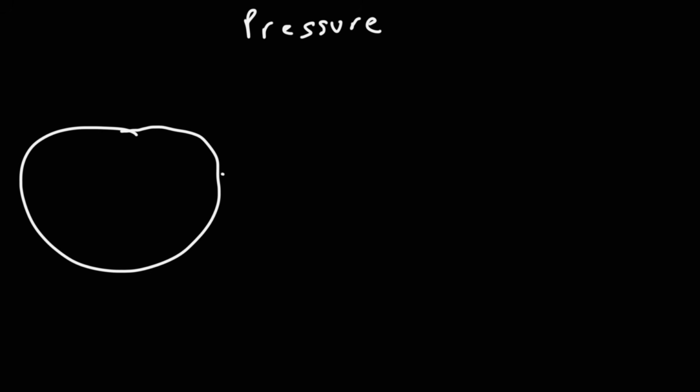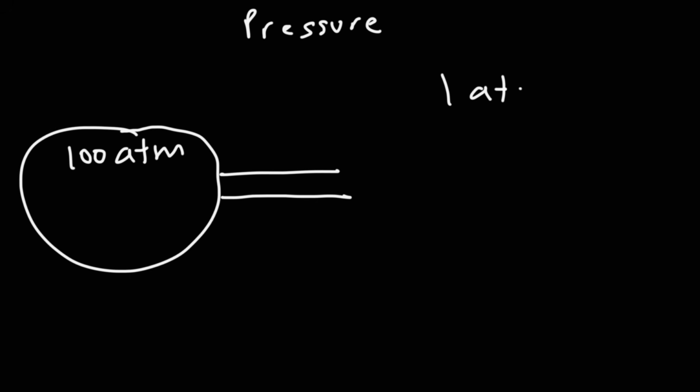Another example of this has to do with pressure. So imagine we have a container with pressurized gas, let's say at 100 atm. That's atmospheric pressure. And outside of that, we have normal atmospheric pressure of 1 atm. So here we have a region of high pressure on the inside.